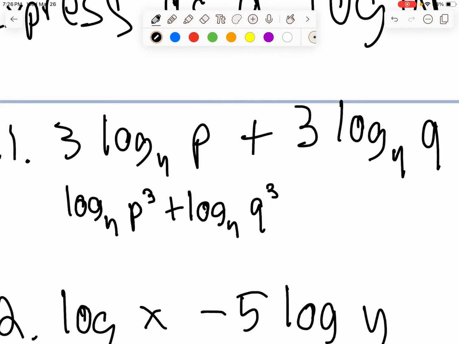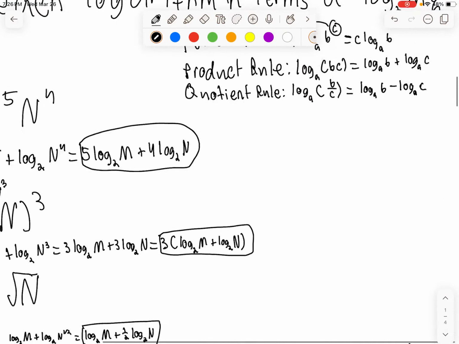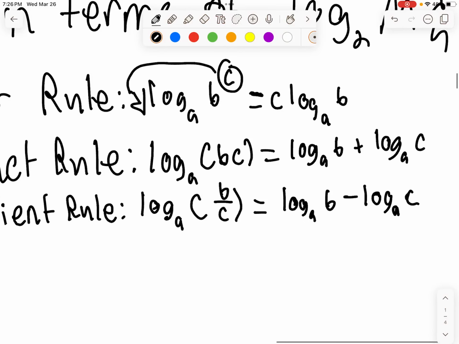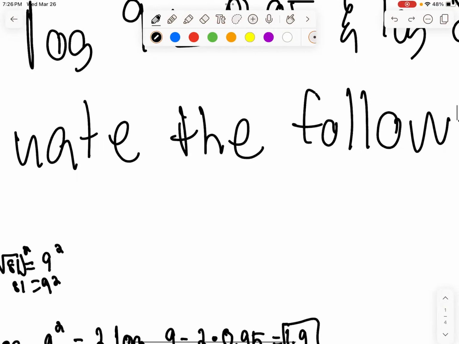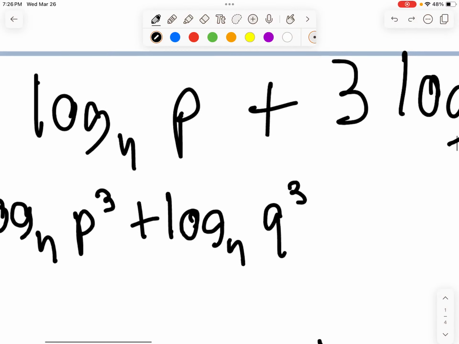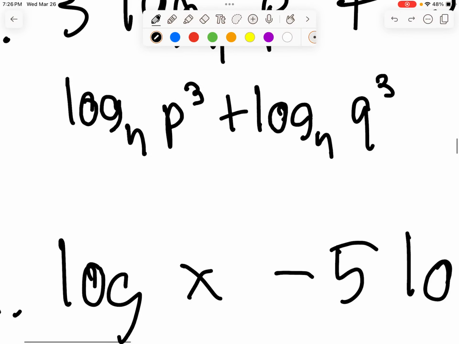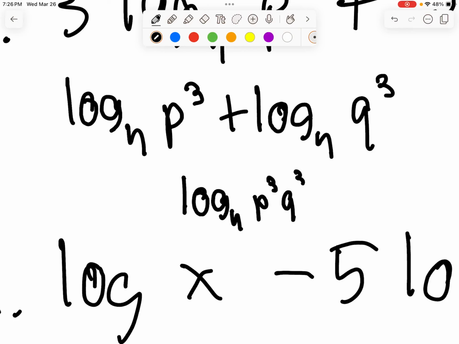Remember, from our product rule, this means we have b and c added, and they'll just be b times c. So since we had these two added, we can simplify this to one big log. It's going to be log base 4 of p cubed times q cubed.